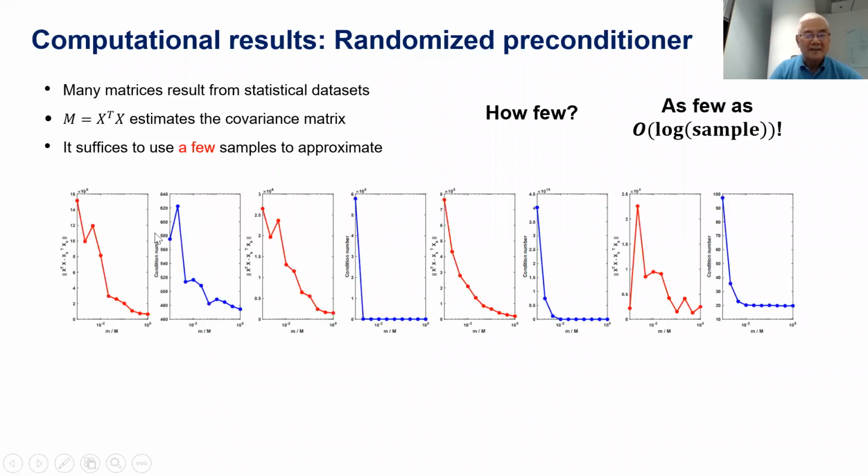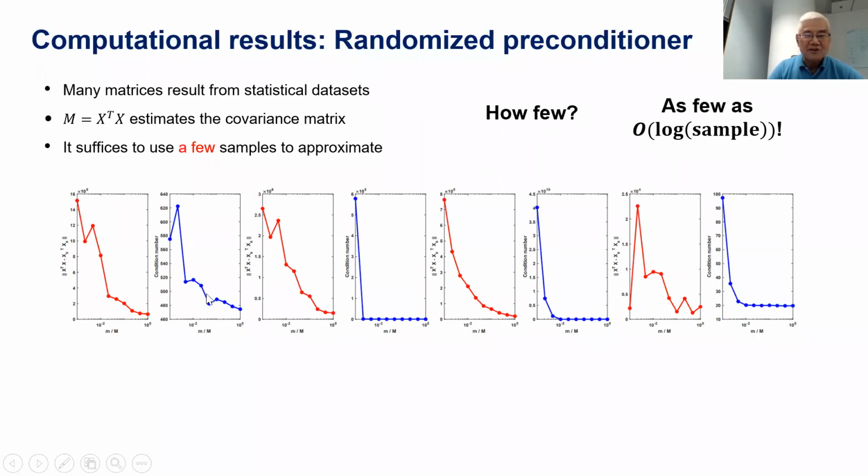Okay, so here's the picture. We chose four dataset matrices. On this axis is the sample fraction. Once you get to 1, that means you sampled all the columns of X. Here it is 10 to the minus 2, 1%. So this shows a 1% sample, and after renormalization, what's the error.